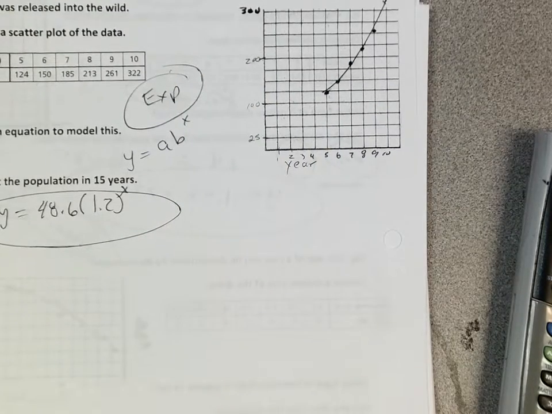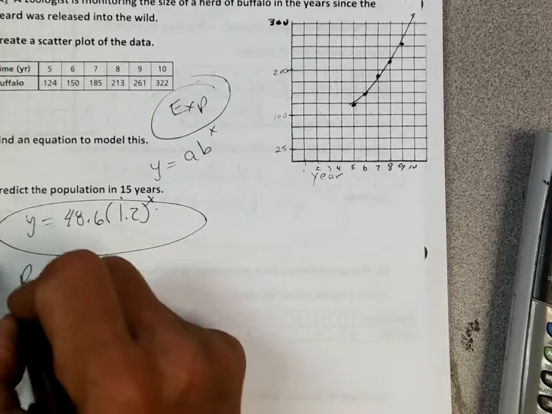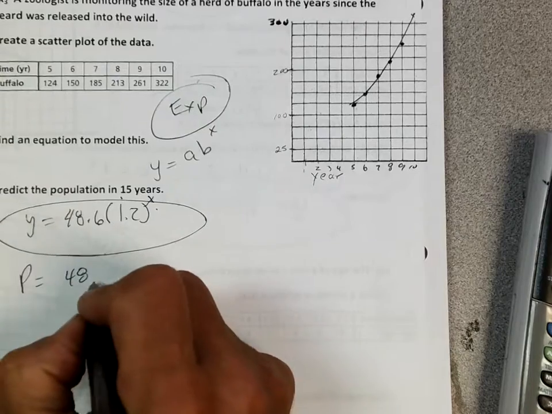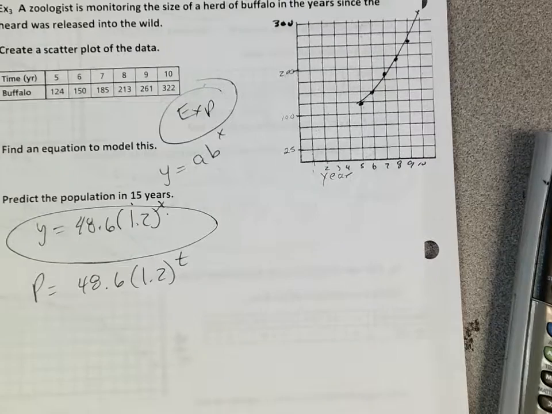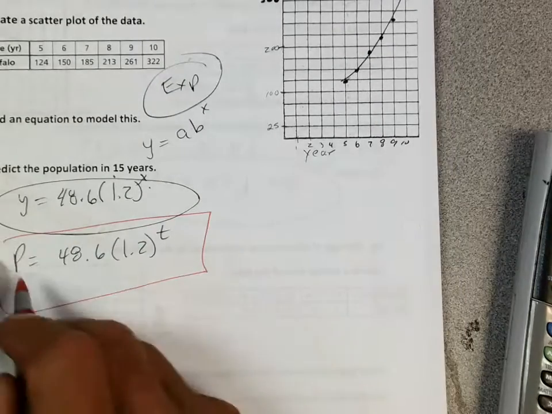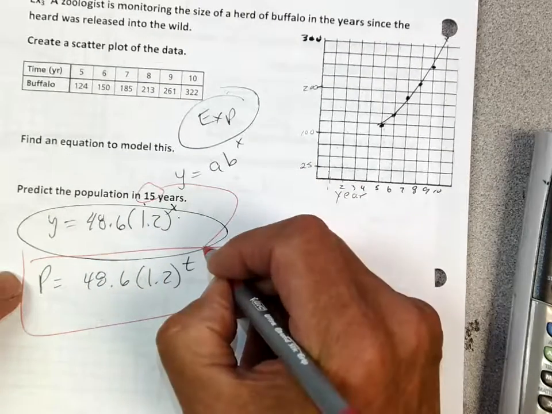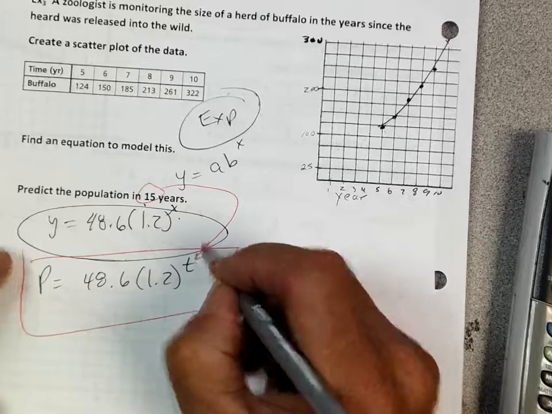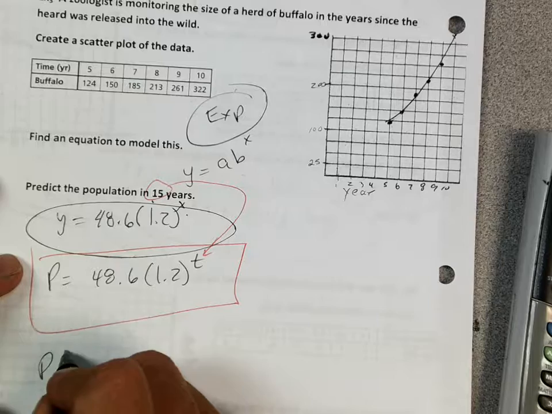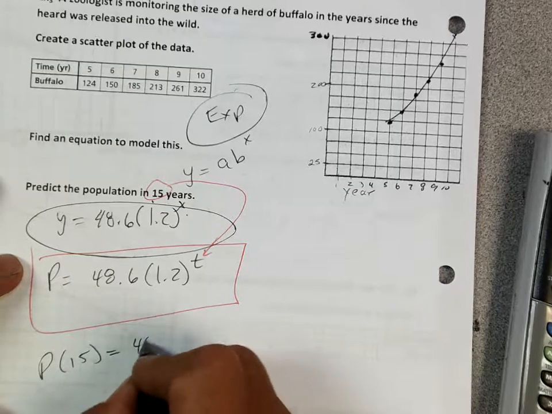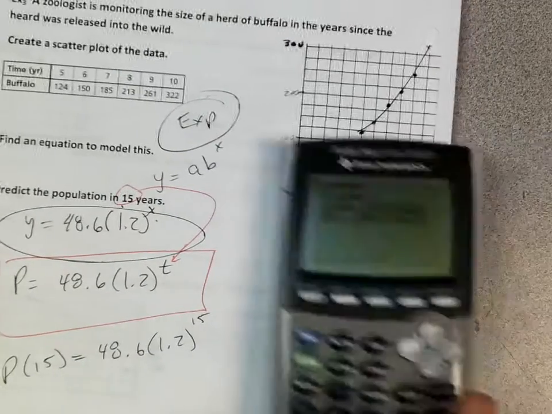So that's my equation. Now, I'm going to use my experiment for 15 years, and that's my time, right? So I can rewrite this as P for population equals 48.6 times 1.2 to the t. It actually helps to rewrite it in the right variables, like P for buffalo population, t for years. So let's put the 15 in for t. Buffalo population for 15 years is going to be 48.6 times 1.2 to the 15th power.